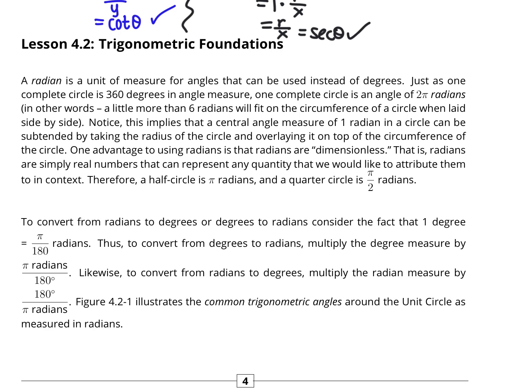So here we're focusing on the radian measure, and more importantly, how to go from degree to radian and radian to degrees. So it emphasizes that 360 degrees is the same as 2 pi. So 2 pi equals 360 degrees.